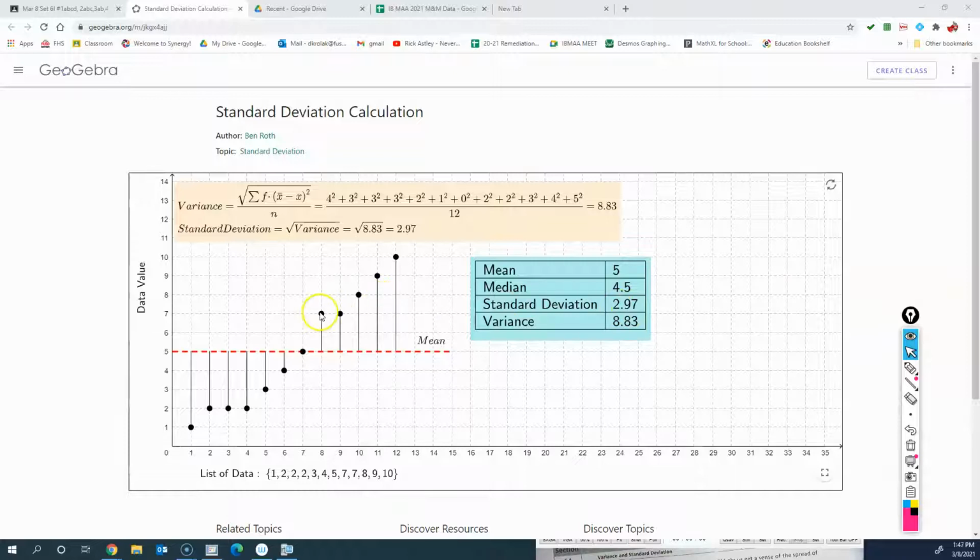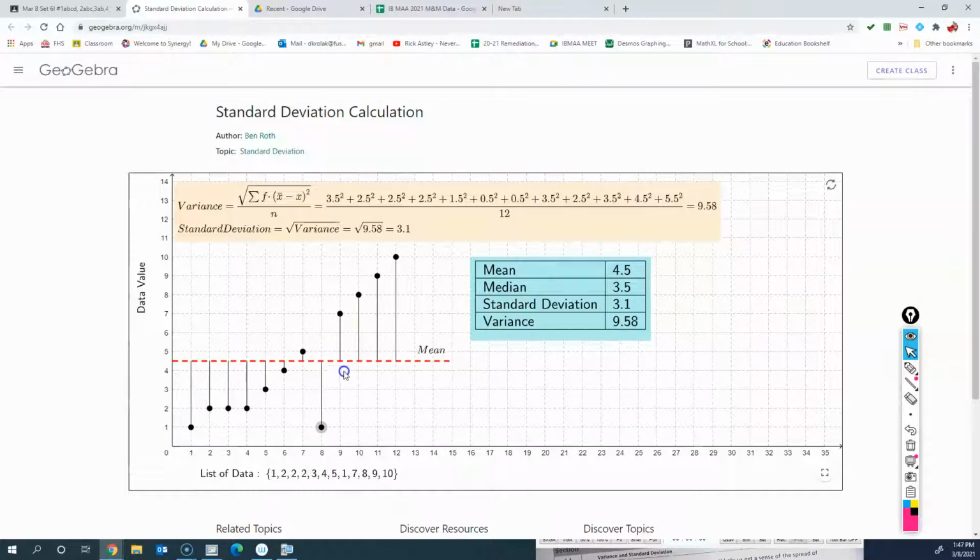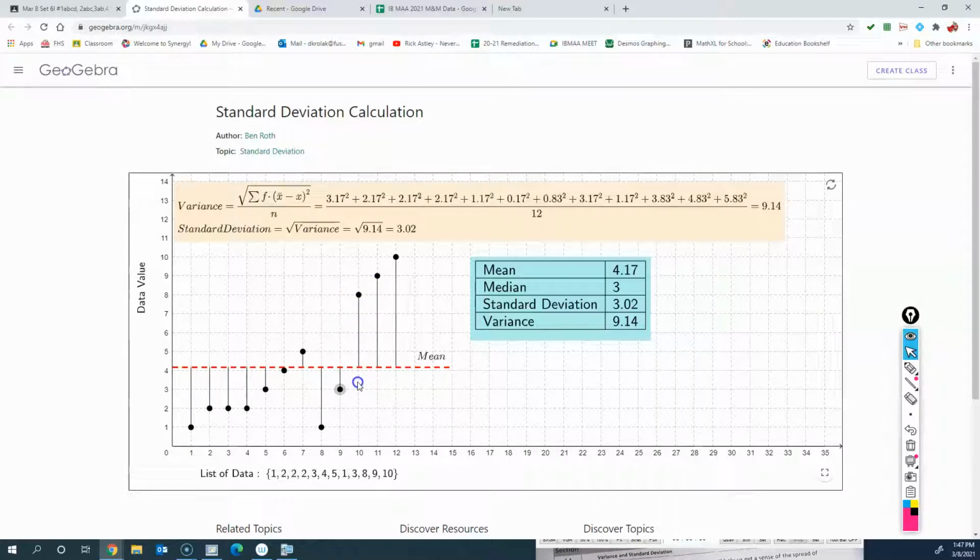What am I going to do with these points? Drag them down? Okay, I'm dragging them down, but the standard deviation's getting bigger. Oh, that one got smaller. So you've got to make it all.